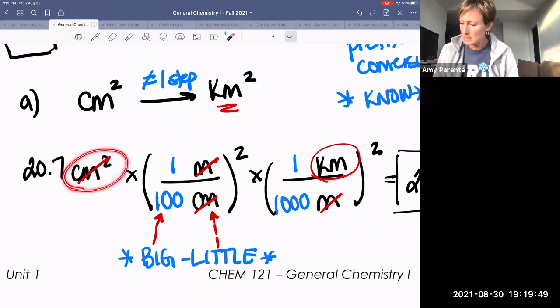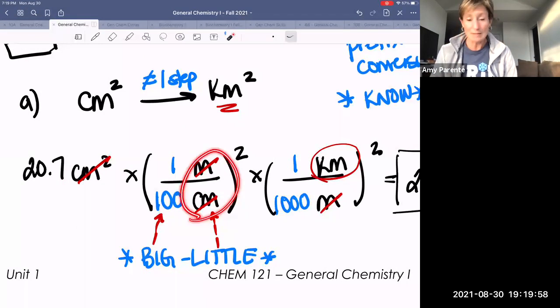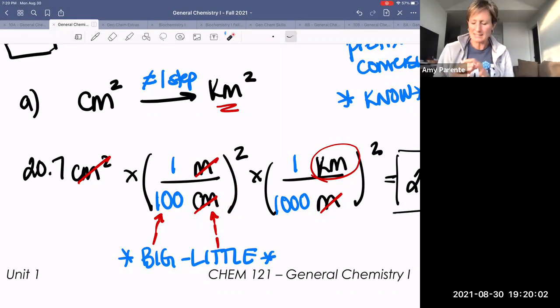So I started with centimeters squared, right? And now I want centimeters to go away, and I know a relationship between centimeters and meters. This is where some people were getting confused when we were doing stuff in class today. What I have in parentheses here is the relationship that I know. There's 100 centimeters in 1 meter, right?